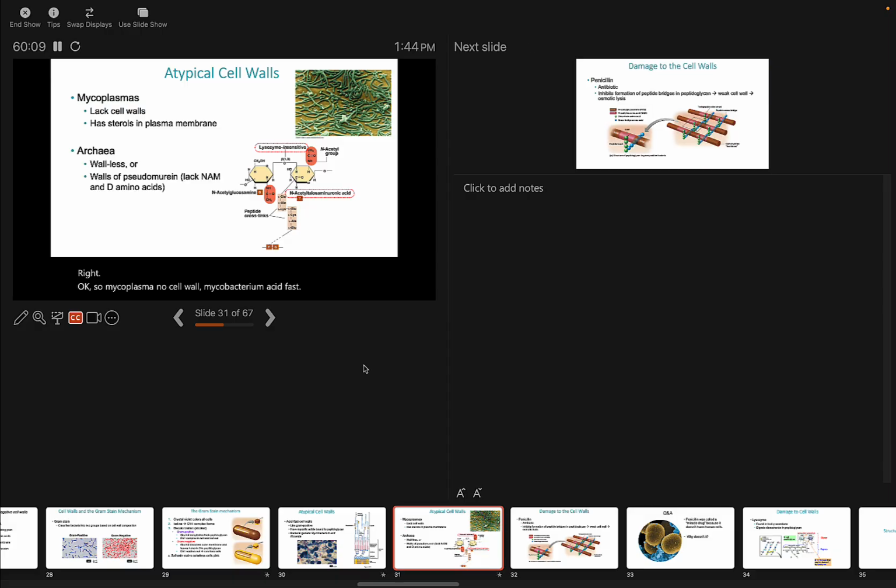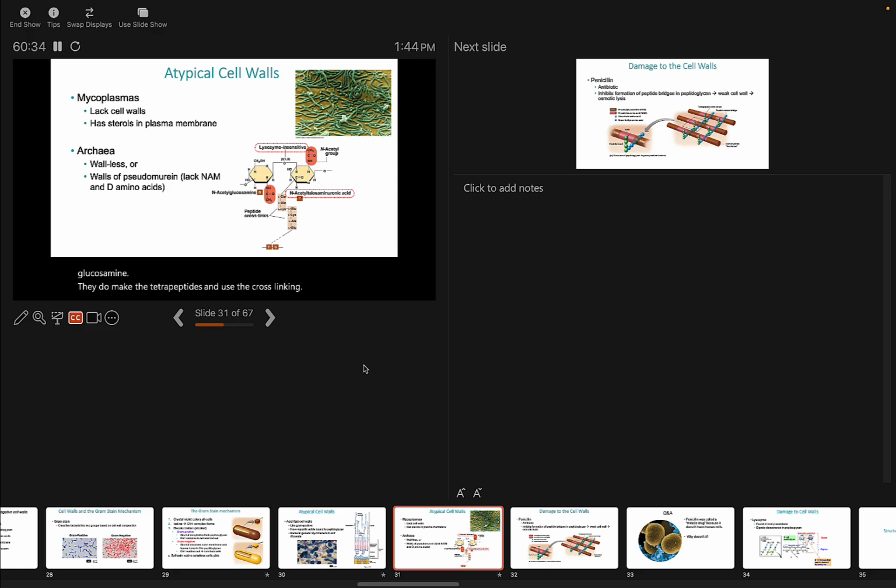And then you have archaea, which again, either don't have a wall or they have a different wall than peptidoglycan. And really the difference is pretty subtle. They do use N-acetylglucosamine. They do make the tetrapeptides and use the cross-linking.